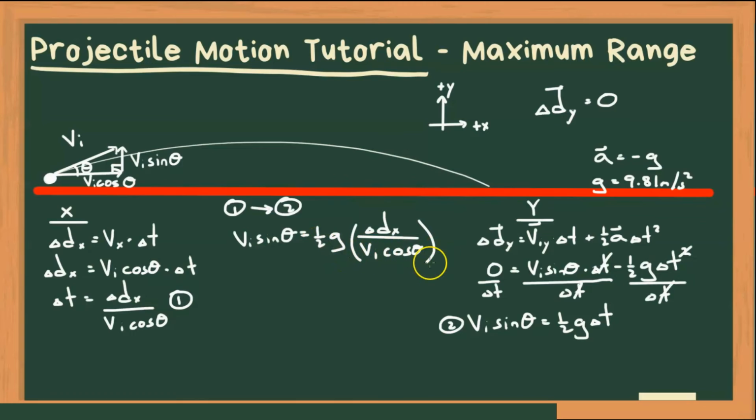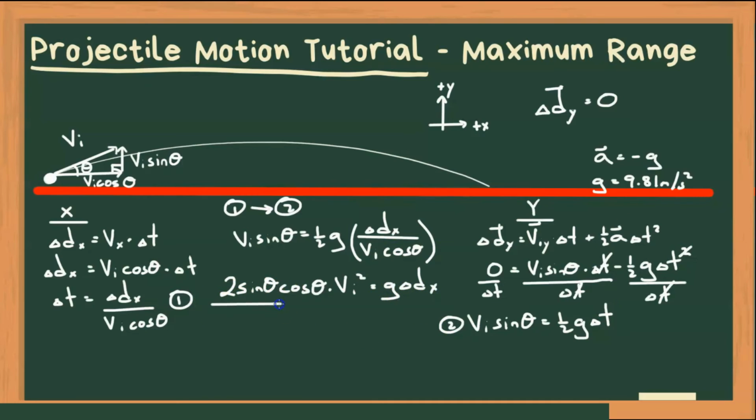So that's 2 vi cos theta. So that's going to give me 2. Here we have sine theta cos theta. And then I'm going to have vi squared, so times by vi squared. And that's all going to equal g times our range. So g times delta dx.